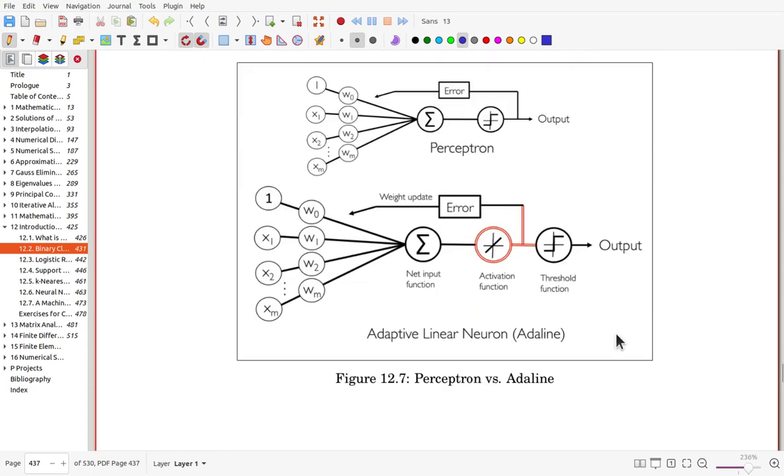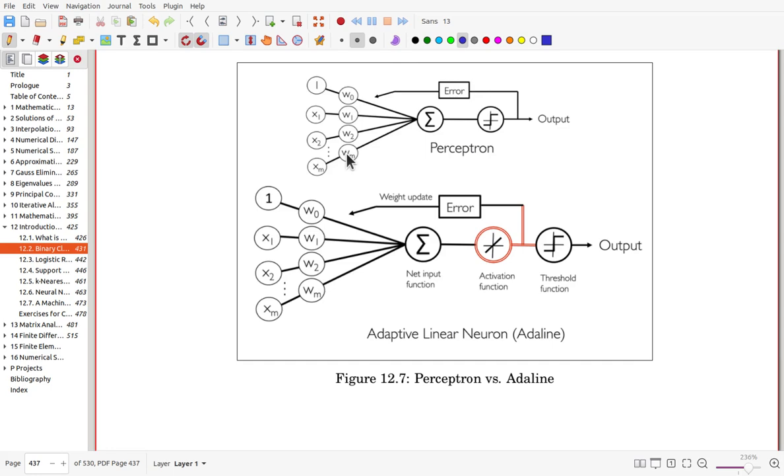Okay, here in this figure, we try to visualize the difference between the perceptron and the Adaline. In the perceptron, we get the net input, and after getting that input, thresholding is applied, and the thresholded estimation is compared with the label, and then that is used to update the weights.